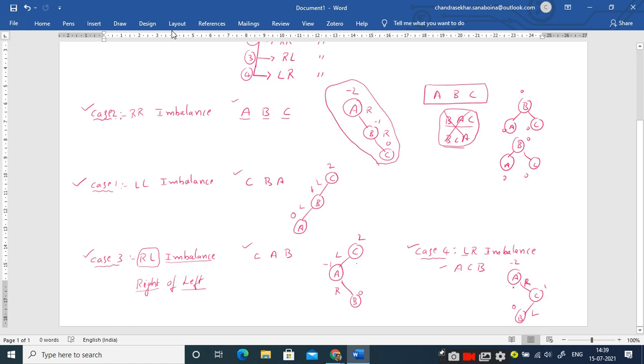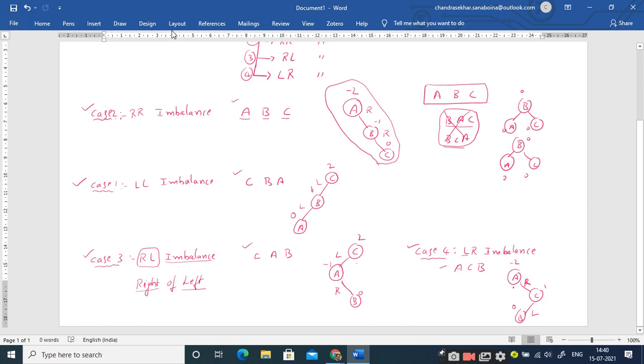There are no imbalances that are specified for more than 3 nodes. That is the reason why we have taken 3 nodes to explain these concepts of imbalances. We will take an example at the end, and there when you try to construct the AVL tree, you will find the imbalance happens at more than 1 node also.